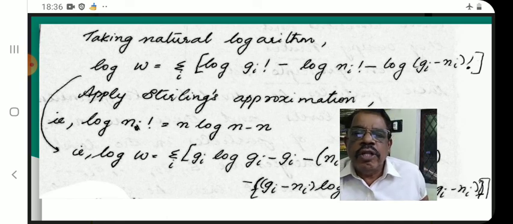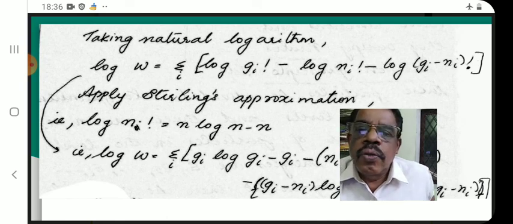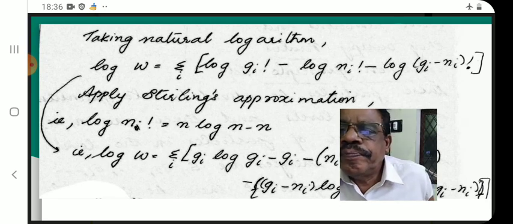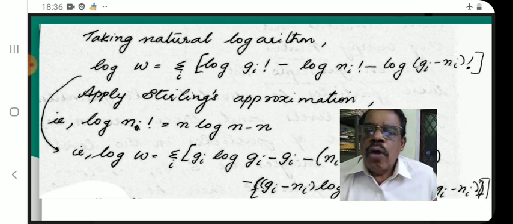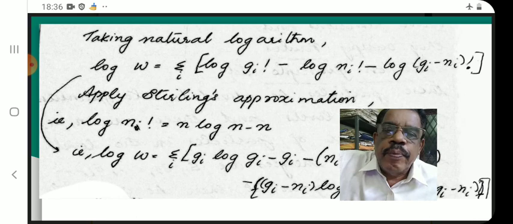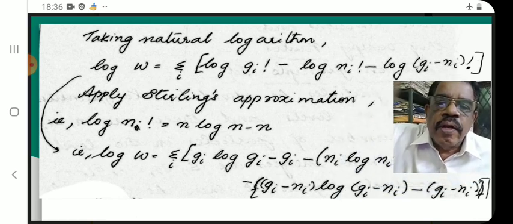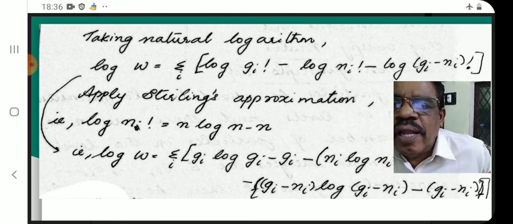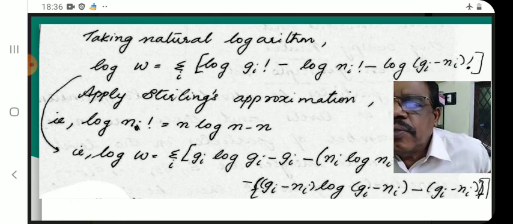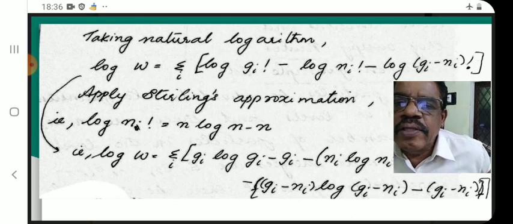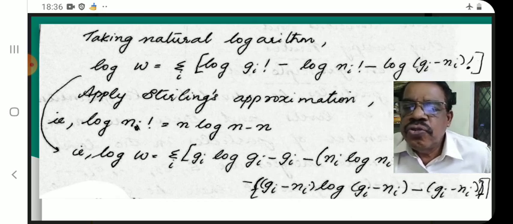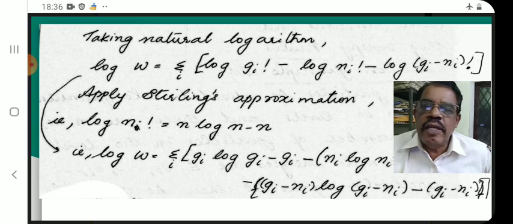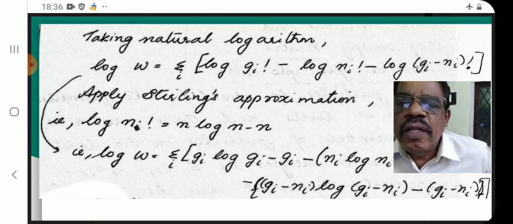We apply logarithmic theorems to quotients and products. Now we apply Stirling's approximation. For a factorial, when n is large, we apply Stirling's theorem, that is log n factorial is equal to n log n minus n. And this approximation we apply to each term in the above expression.